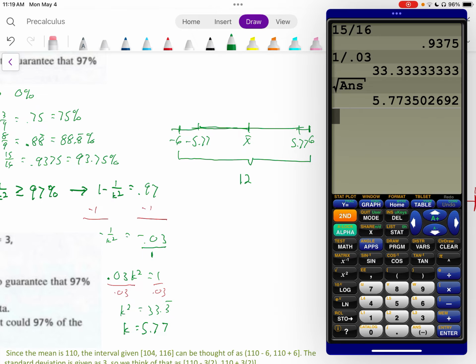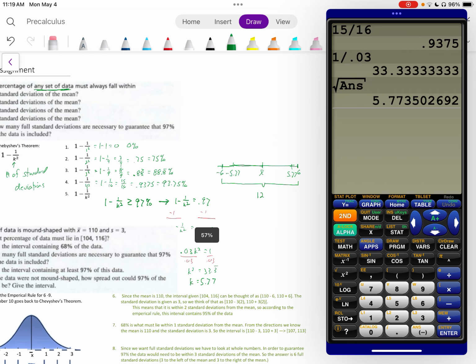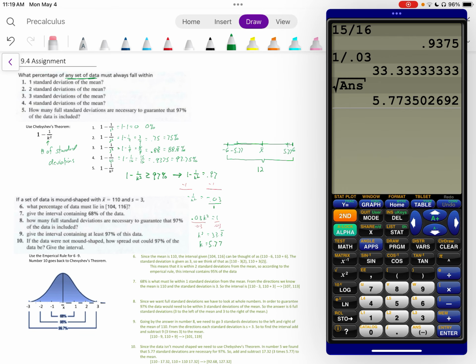So we need 12 full standard deviations to guarantee that 97% of the data is included. Another way to say it is it would have to be within 6 standard deviations, because we can go 6 this way will guarantee 97% and 6 this way.